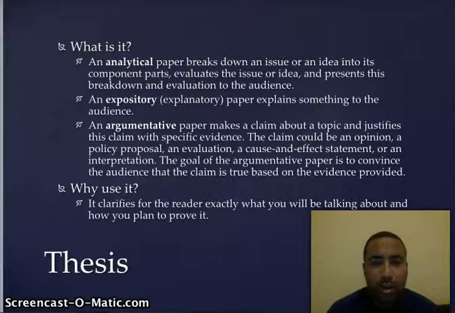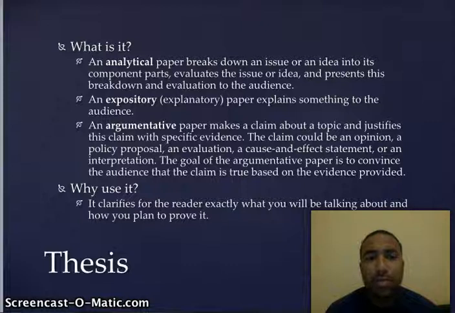An expository paper explains something to the audience, and an argumentative paper makes a claim about a topic and justifies this claim with specific evidence. The claim could be an opinion, a policy proposal, an evaluation, a cause and effect statement, or an interpretation. The goal of the argumentative paper is to convince the audience that the claim is true based on the evidence provided.